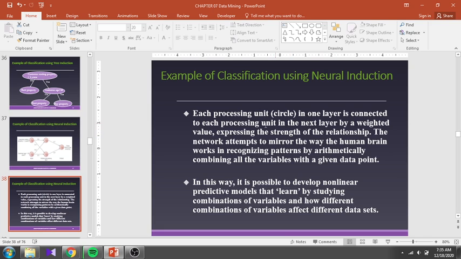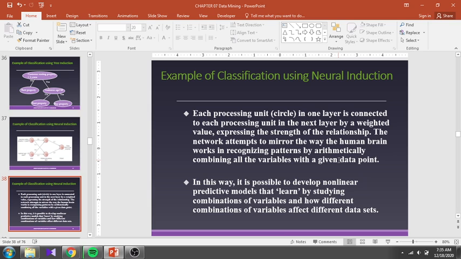Each processing unit in one layer is connected to each processing unit in the next layer by a weighted value, expressing the strength of the relationship. The network attempts to mirror the way the human brain recognizes patterns by arithmetically combining all the variables with the given data point.